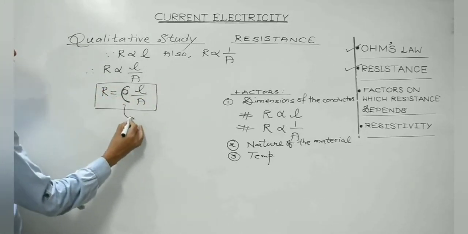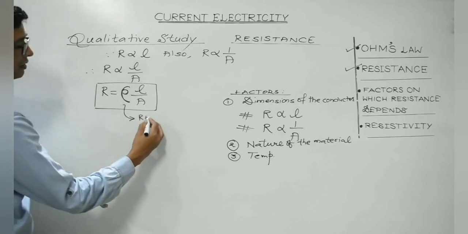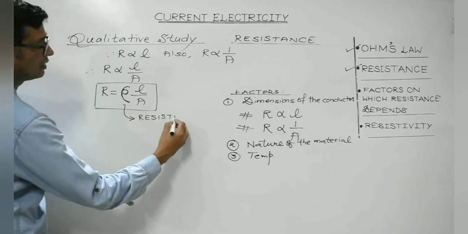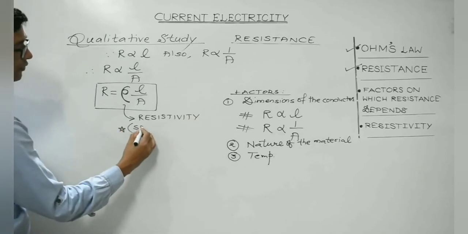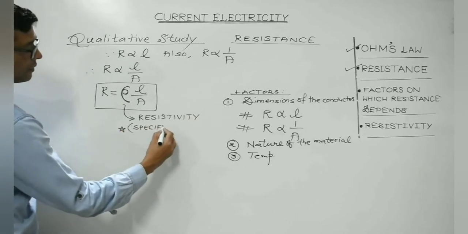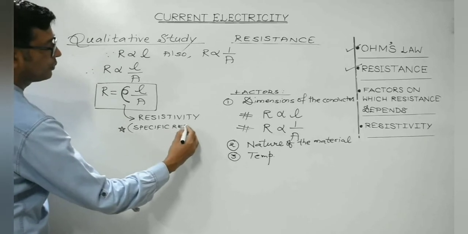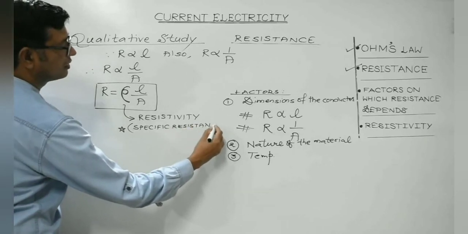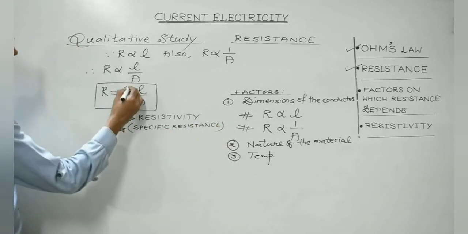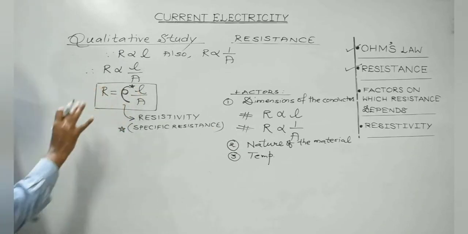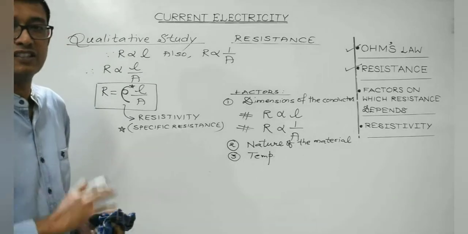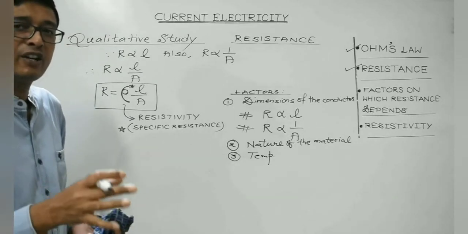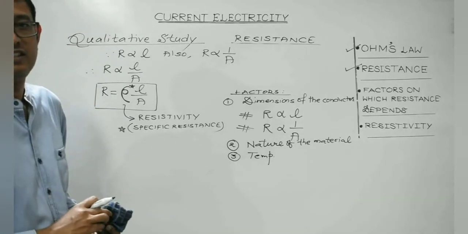This rho is known as resistivity. It is also known as specific resistance. This quantity depends only and only upon the nature of material of the conductor and is independent of the dimensions of the conductor.